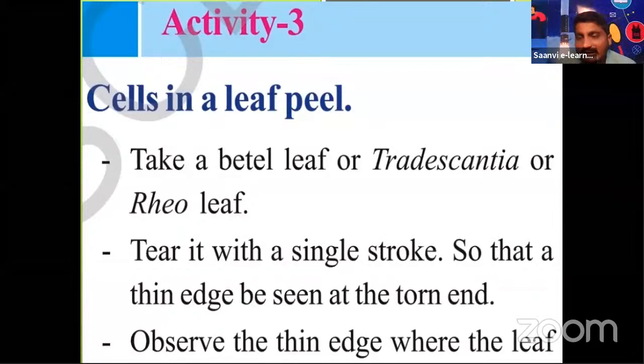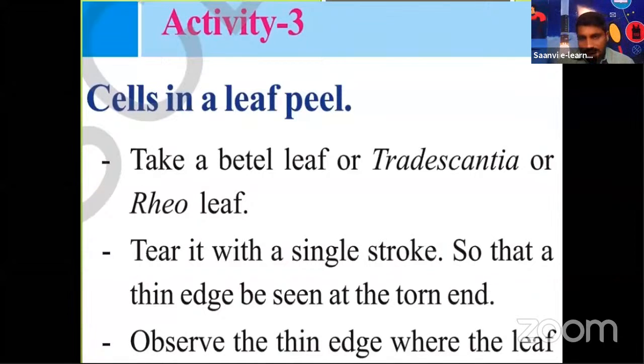Okay, Sai Madam, please can you do it once? Take that leaf and with a single stroke you can tear it. Very good. And you can see the thin edge at the torn end.